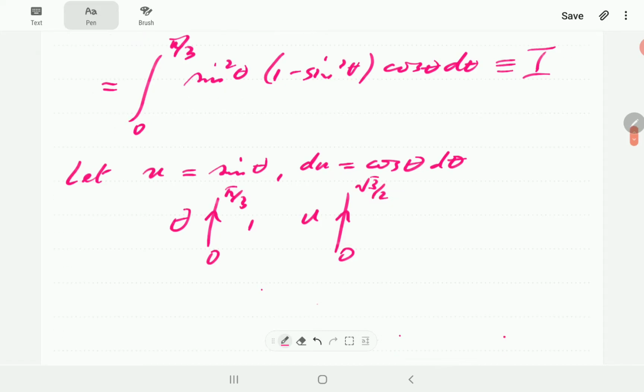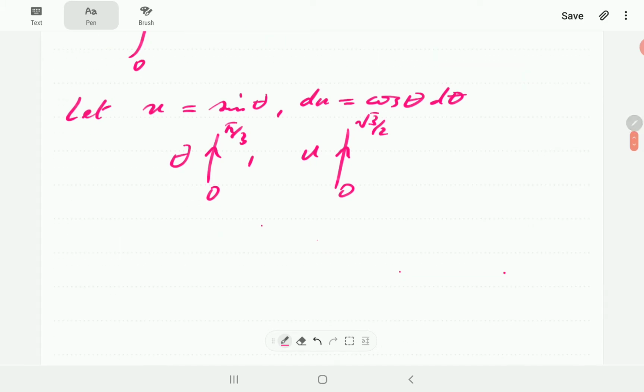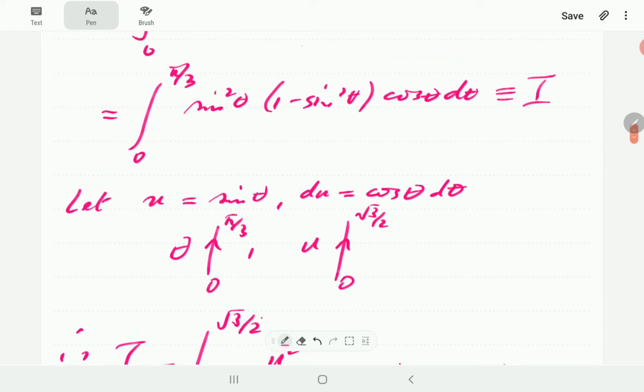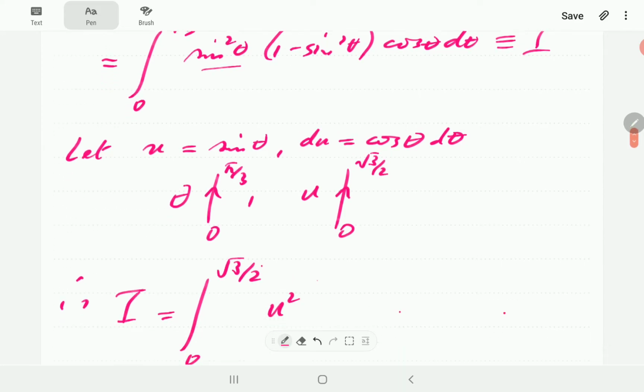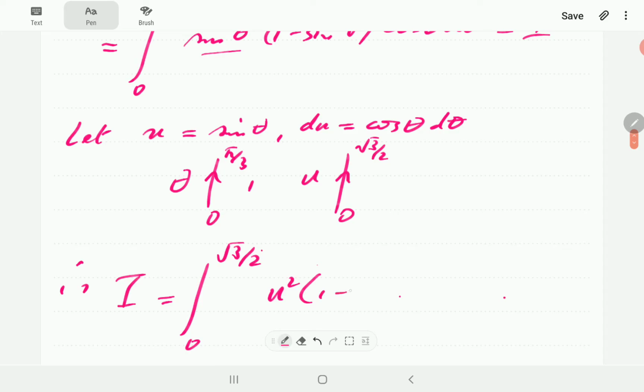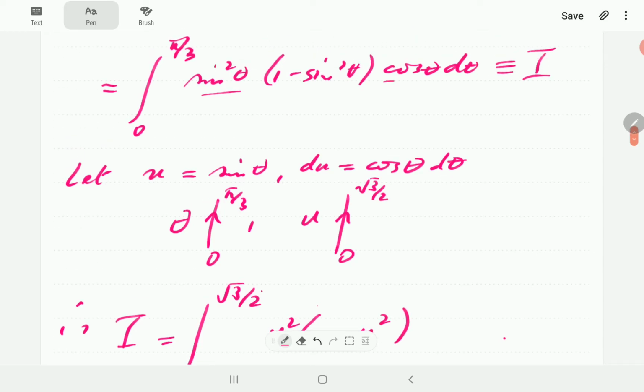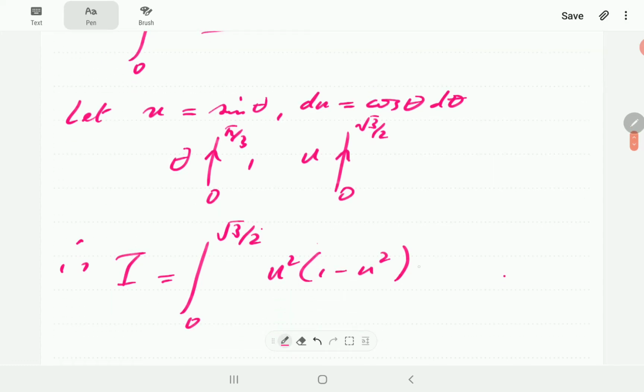So these are going to be our new limits now. So our I is now going to be the integral from 0 to square root 3 on 2. Sine squared is u squared here, then 1 minus u squared there. Then this bit is just du.